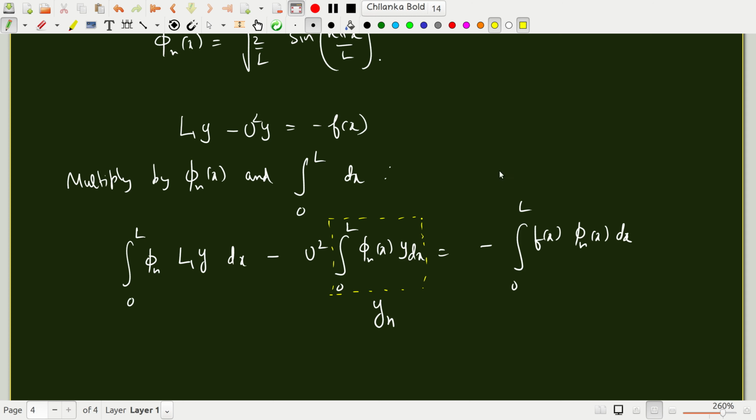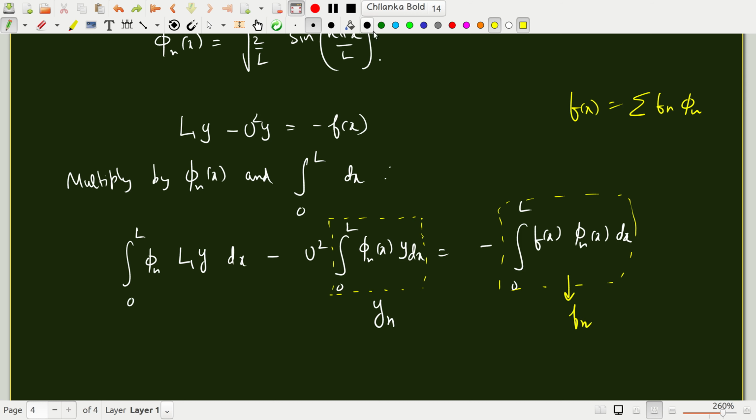Similarly, if you had a function f of x and expanded it as f of x is summation fn phi n, then fn's are given by this. This is fn. So if you understand this, we can rewrite this equation.